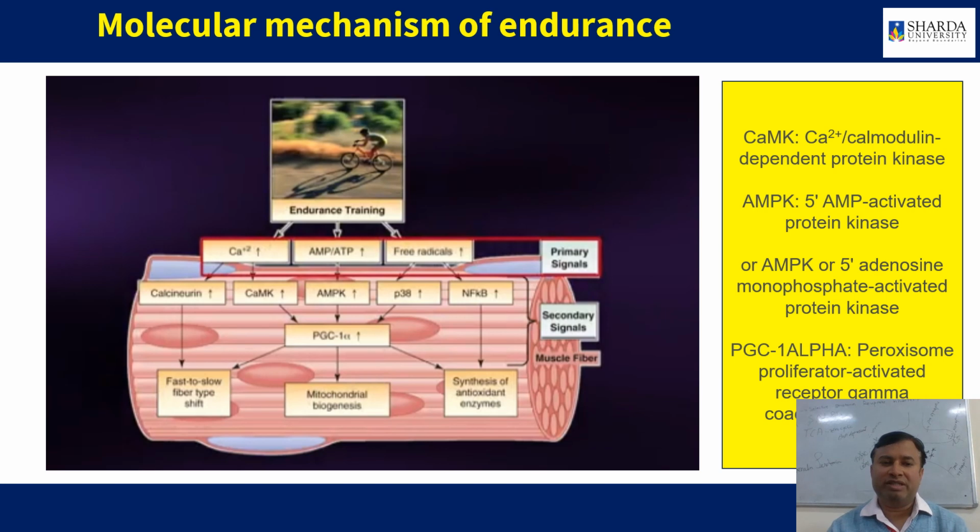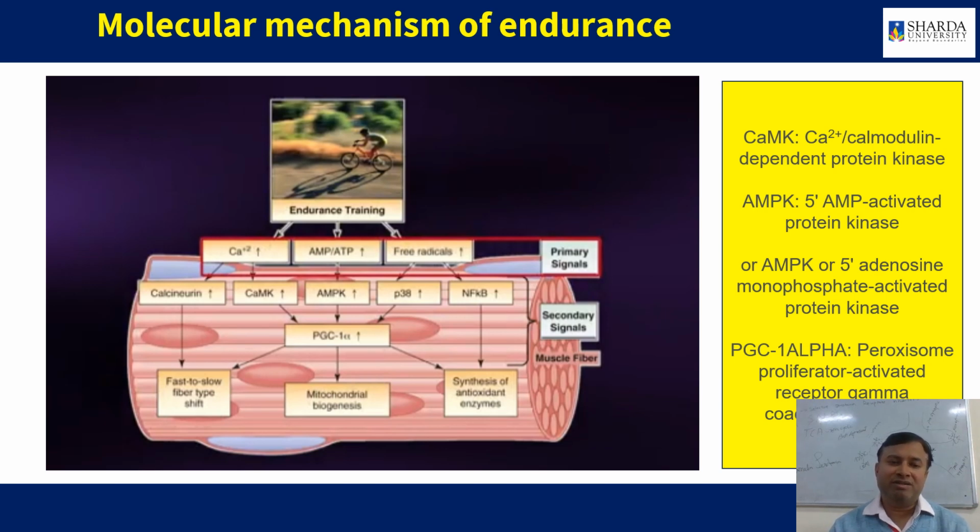In the graph it is showing that the primary signals are calcium. So with endurance training, the calcium level will increase, AMP and ATP will be changed, and free radicals will increase. Secondary signals: calcineurin will increase, calcium-calmodulin dependent protein kinase will increase, as well as AMP-activated protein kinase, p38 and nuclear factor kappa B. As a result, PGC-1 alpha, that is peroxisome proliferator-activated receptor gamma coactivator 1 alpha, increases.